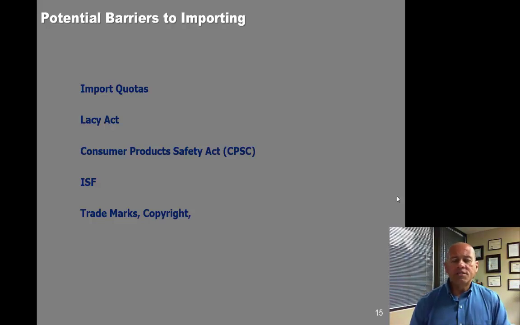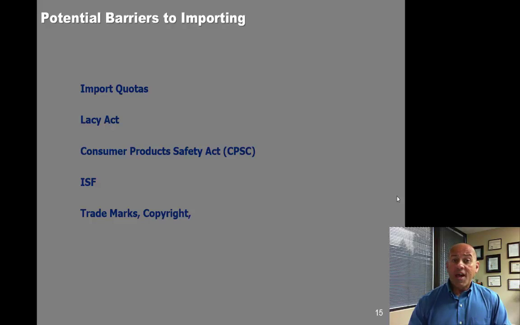Trademarks and copyrights are very important. The U.S. Customs protects trademarks and copyrights. If you have items that are subject to trademarks and copyrights, it's very important that you check to make sure you have the proper rights and authorities to use them. If they're your own trademarks and copyrights, it's very important to realize that if you work with customs, they can help enforce and protect your trademarks and copyrights.